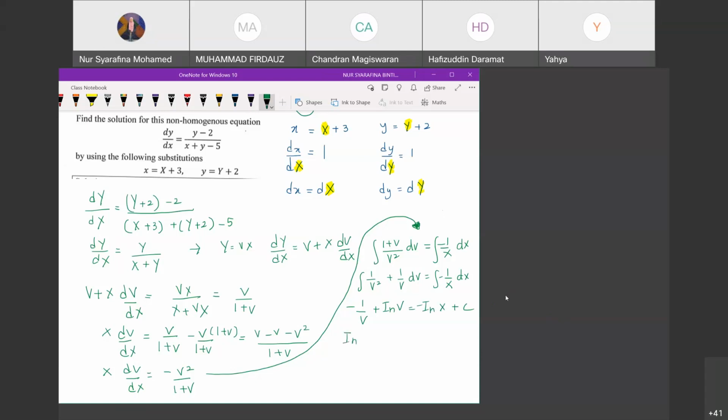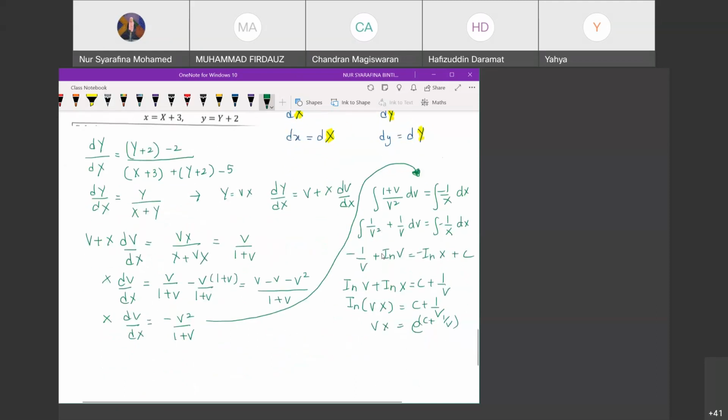Put the ln together: ln vx equals c plus 1 over v. e to the power of c is A, e to the power of 1 over v.